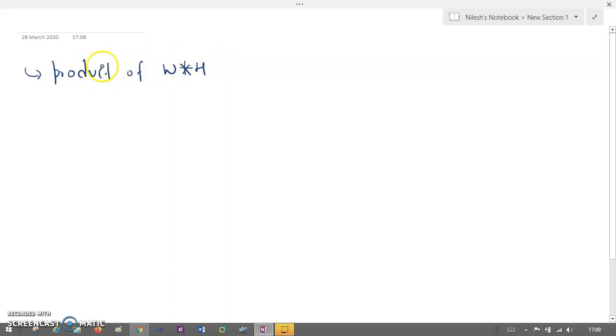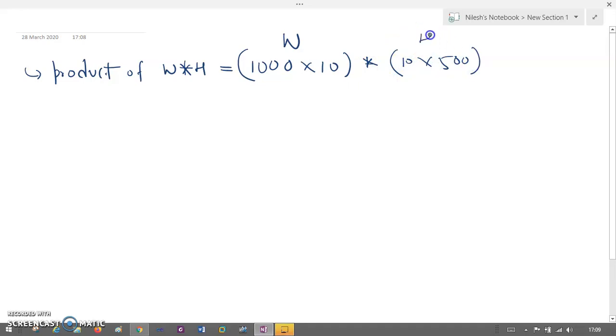The product of W cross H is 1000 cross 10, this is my W, and when I multiply it with 10 cross 500, this is my H.